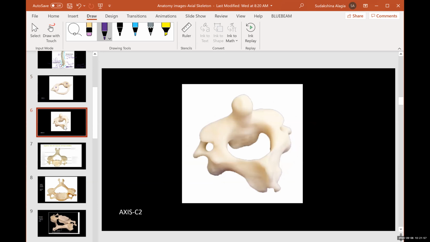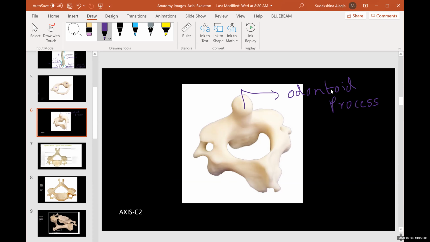The second, C2, axis. This looks a little more like an average vertebra, but still not really. Axis or C2 is identifiable by this special superior protrusion. Remember, a long protrusion is a process. This is referred to as odontoid process or simply dens.